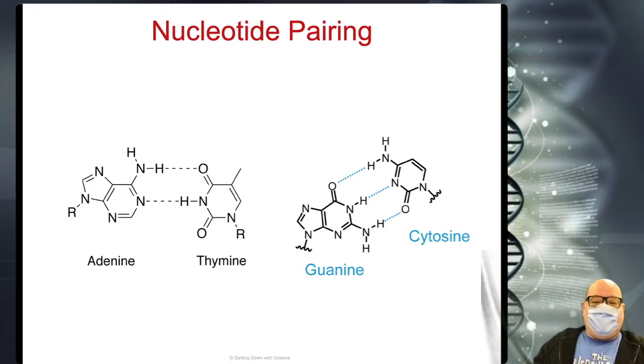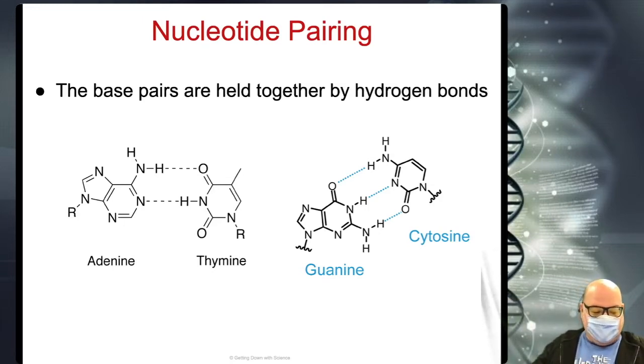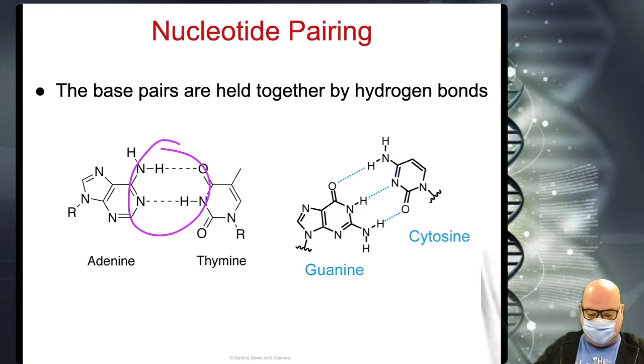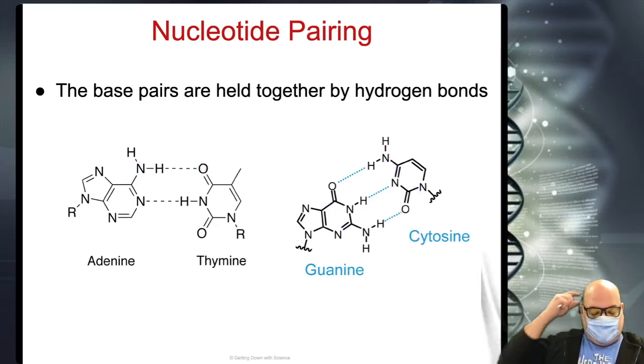All right. I already talked about this, but let's talk about it again. The base pairs are held together by hydrogen bonds. You can see those right here. You can see the little H's going across. Now, what do you notice about the A and T bond versus the G and C bond?